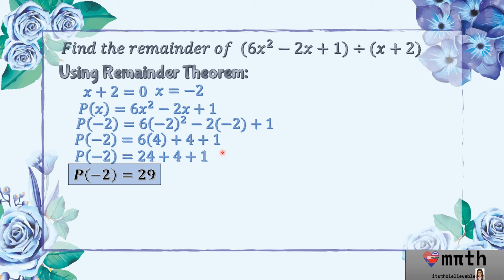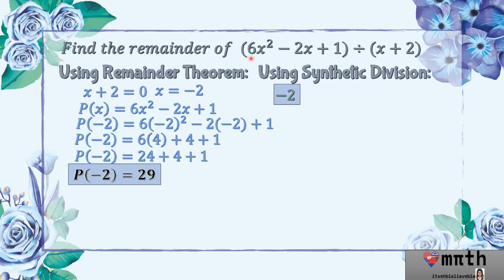Now, let us see if the value of our remainder under the remainder theorem is the same with the second method of getting the remainder, which is synthetic division. If you remember our last topic, we always get the value of our divisor, so x plus 2 will be equal to negative 2. Then the numerical coefficients of the dividend are 6, negative 2, and 1. We always bring down the first numerical coefficient, which is 6.